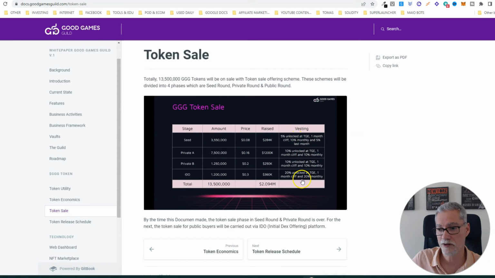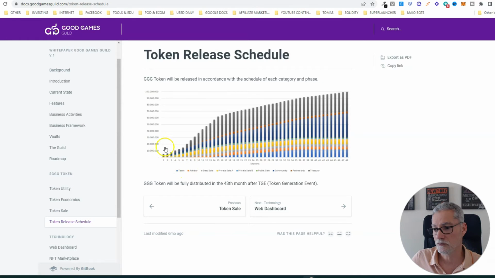This is also very important because you want to see again a well-balanced vesting when it comes to the tokens allocated to the early stage investors, because you don't want to see a huge amount of tokens being released immediately after the listing, because usually what happens is people just start dumping the token and the price just goes down.